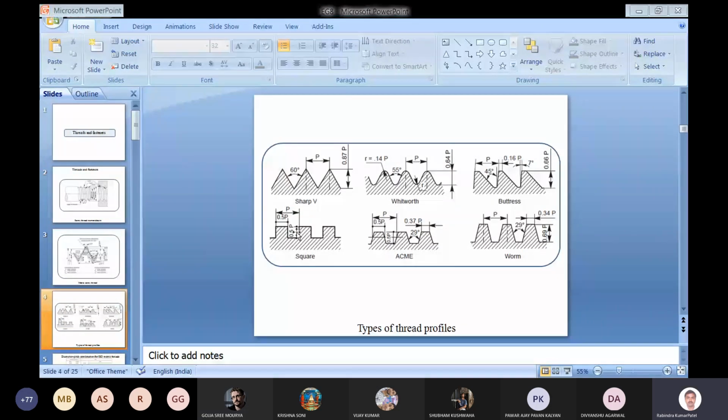So here, this is the square thread, where you can see the specification of the square thread. You can see its form looks like a square.